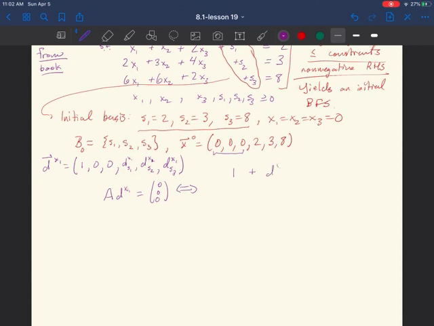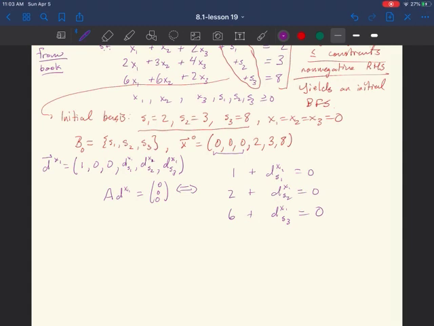I get 1 plus dx1 s1 equaling 0, 2 plus dx1 s2 equaling 0, and finally 6 plus dx1 s3 equaling 0.